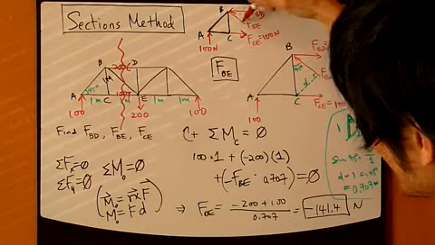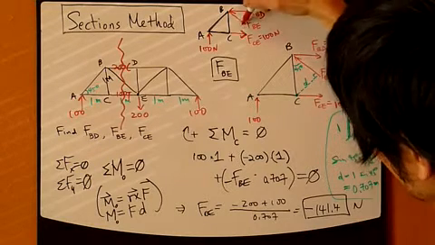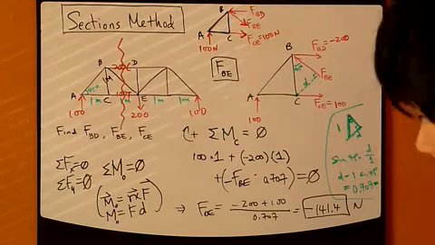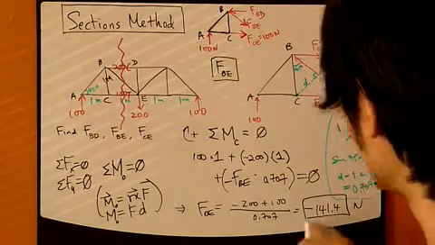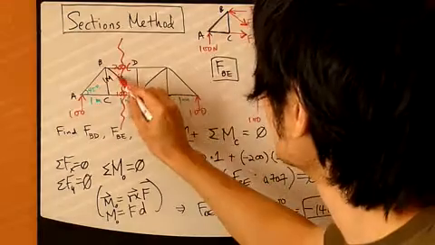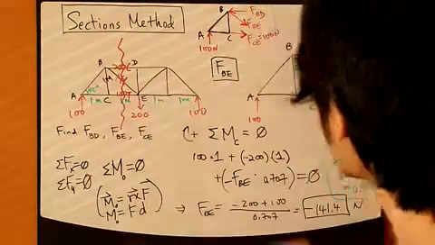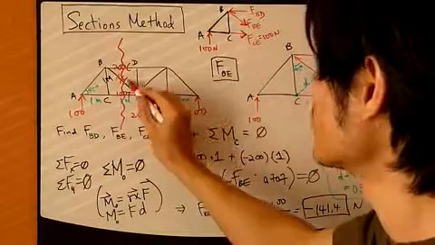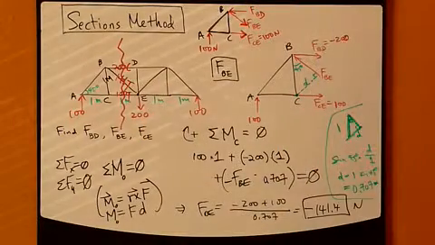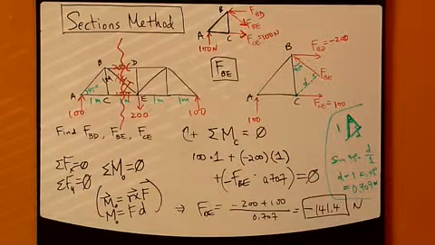So the correct direction is actually downward. It points down. So FBE is 141 Newton. Pointing down means it's tension. That's it. That's your method of sections.